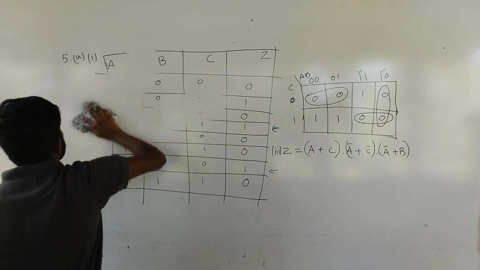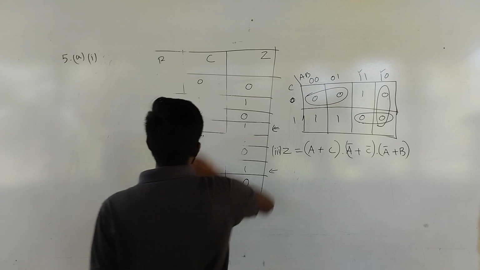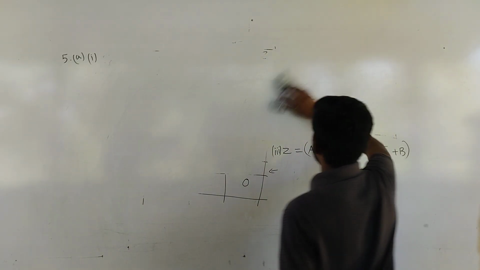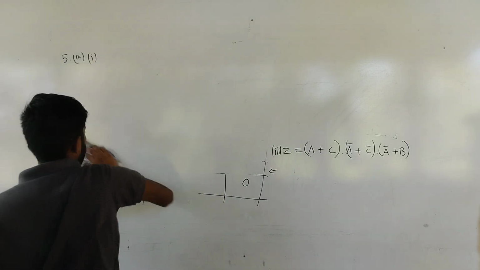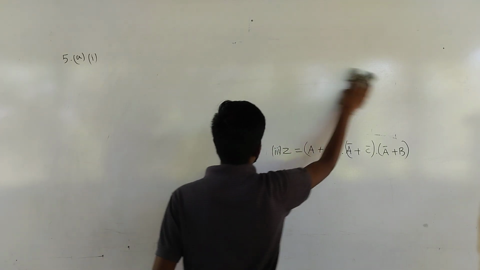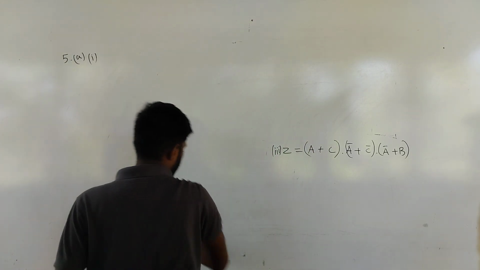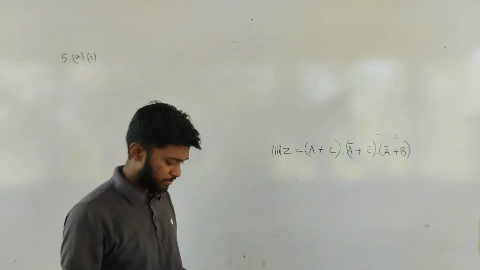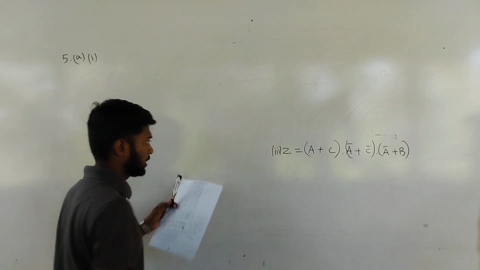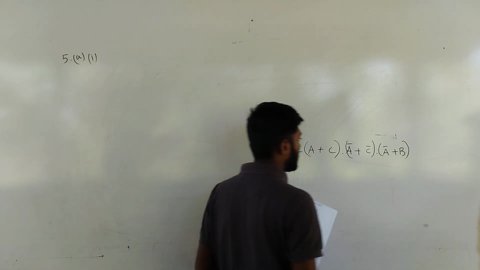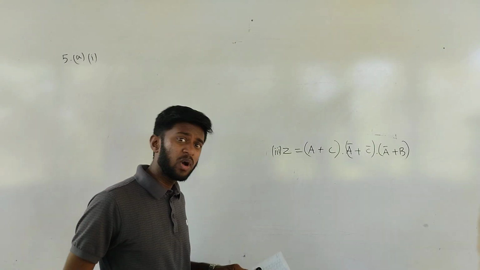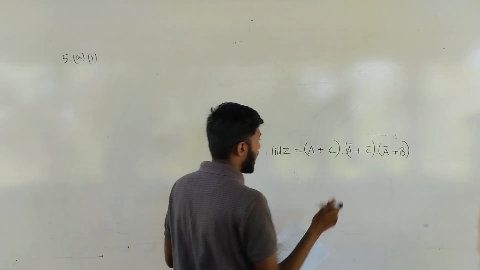Now, this simplified expression is Z equal to (A plus C) dot (A bar plus C bar) dot (A bar plus B). Now using only NOR gates, you can't use any other gates. Now imagine you have A plus C.